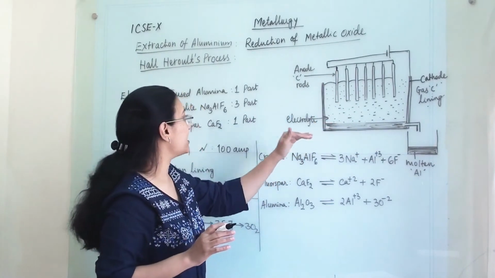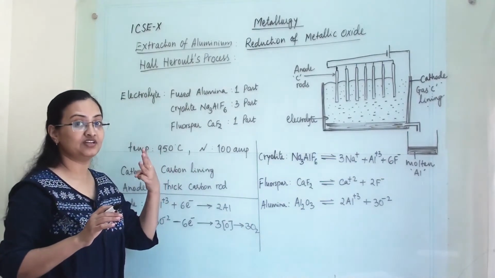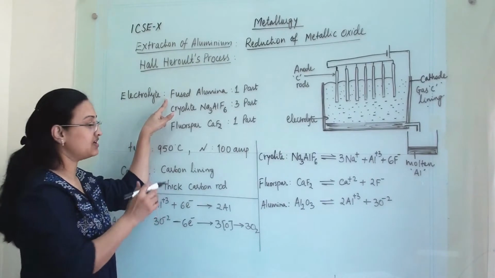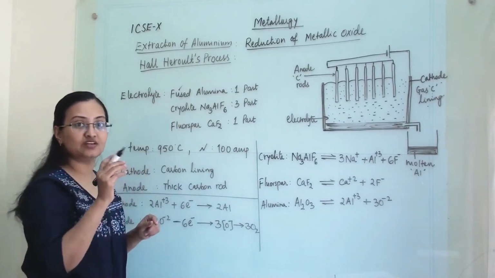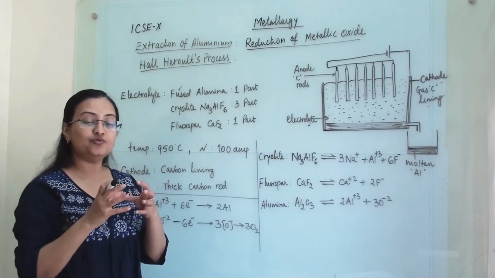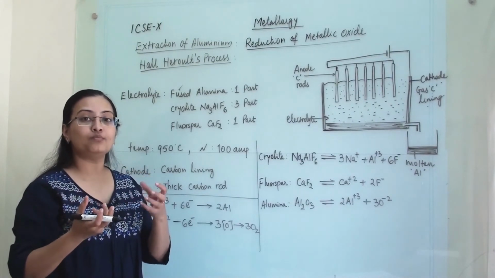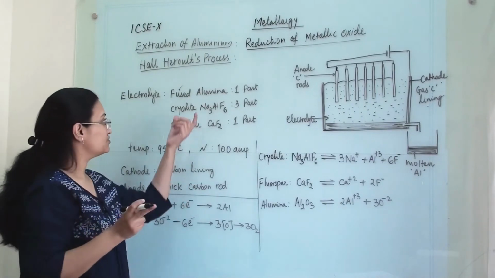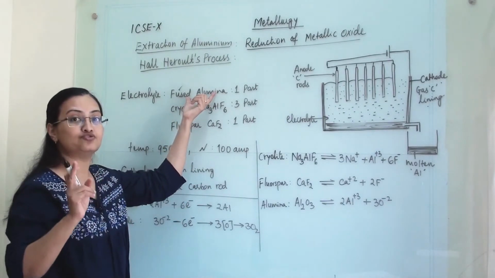As an electrolyte we have taken 3 different things, in different proportions. Fused alumina. Now what is the meaning of fused alumina? The molten form of alumina. And what is alumina? Alumina we have recovered from the bauxite ore, which we already saw in the first step. So this is alumina, that is Al2O3.